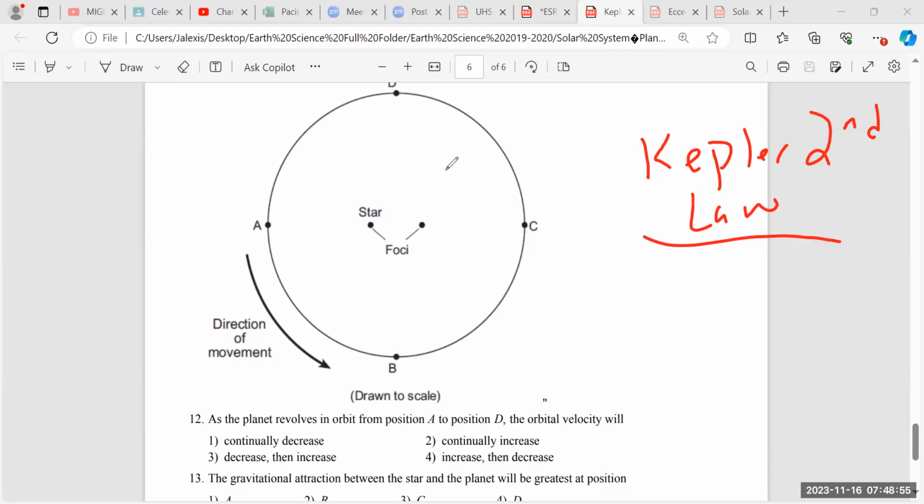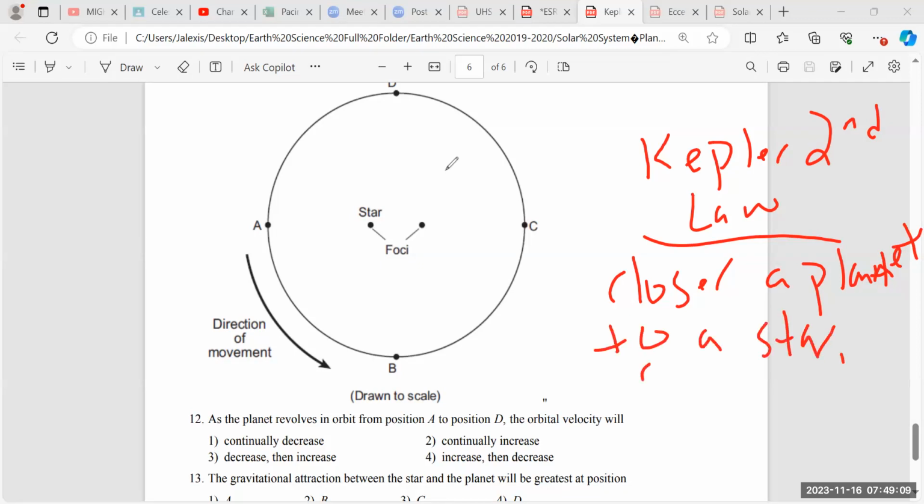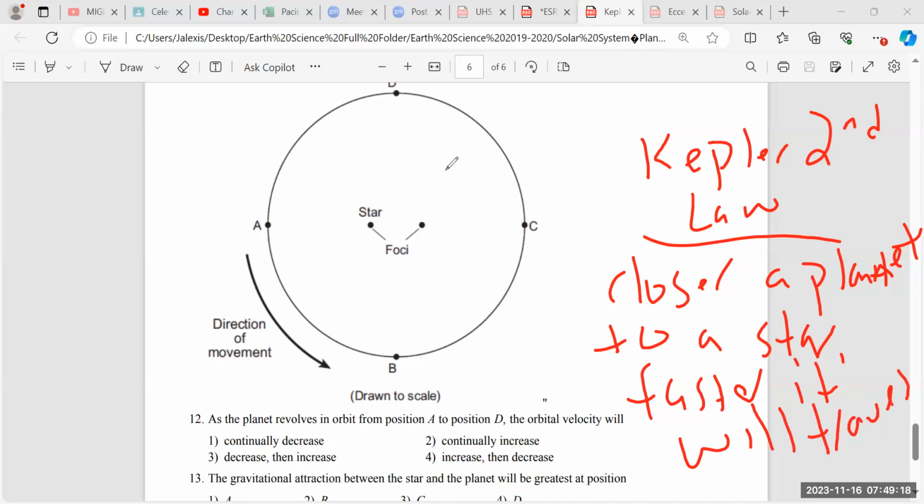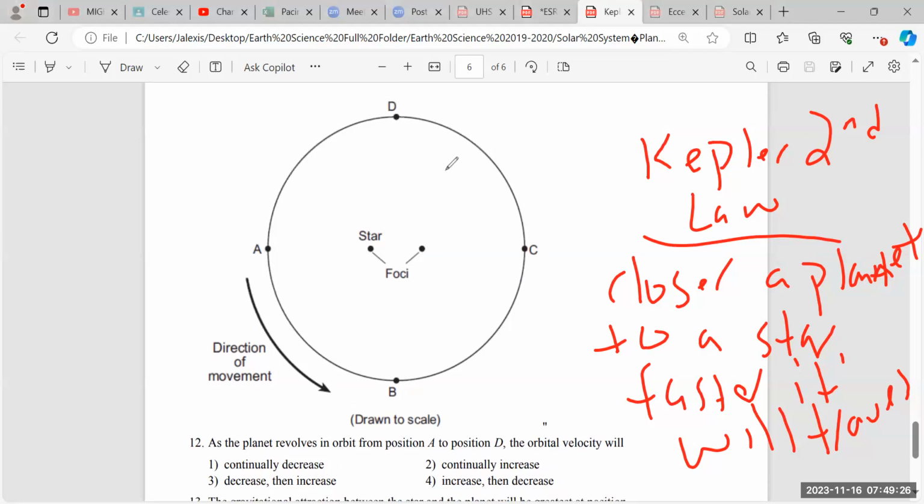To summarize, the closer a planet is to a star, the faster it will travel, all right? I know my writing is horrible. So what we're going to identify is as it goes from A to D, we're going to see what happens to the distance as it goes from A all the way to D.